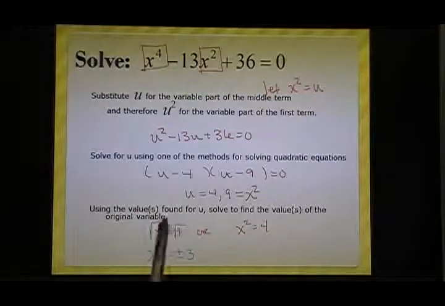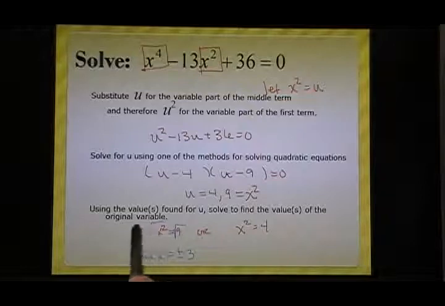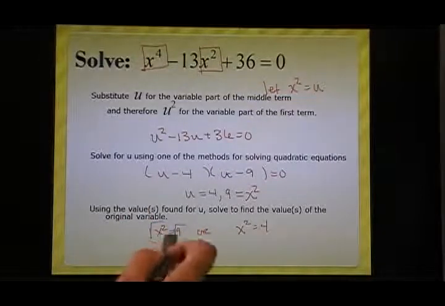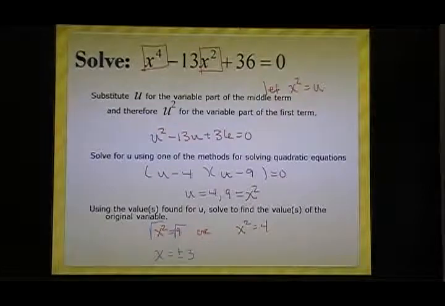Remember, anytime you're dealing with an even index, when you take the square root of both sides, or the fourth root, that's when you're going to need the plus or minus, because you can multiply a positive number twice and get 9. You can multiply -3 twice and get 9.